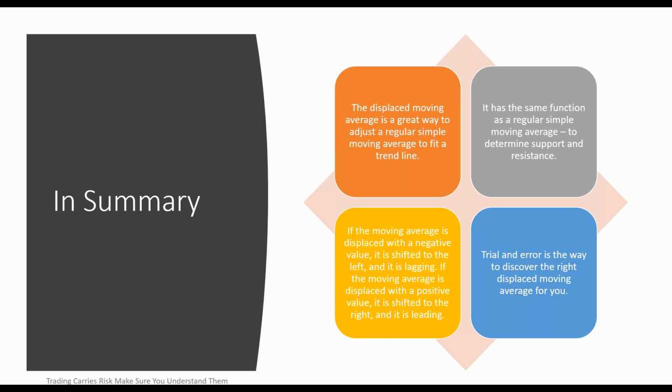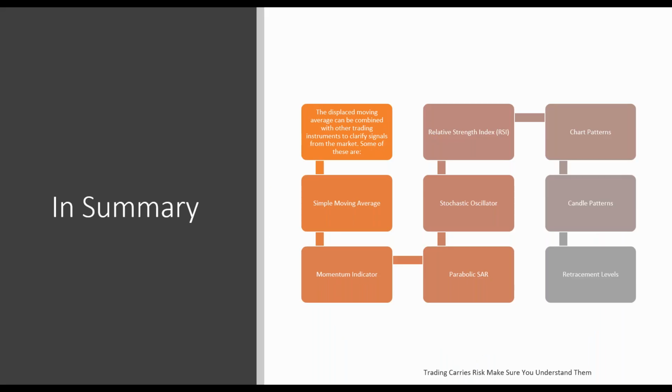It has the same function as a regular simple moving average, to determine support and resistance. If the moving average is displaced with a negative value, it is shifted to the left, and it is more laggy. If the moving average is displaced with a positive value, it is shifted to the right and becomes leading. Trial and error is the way to discover the right displaced moving average for you.